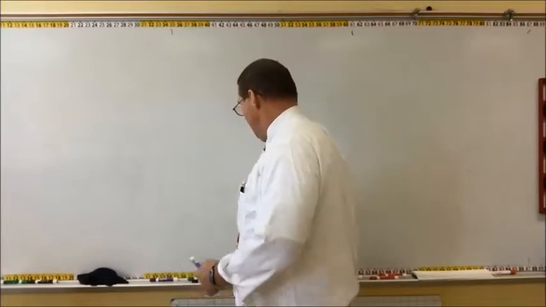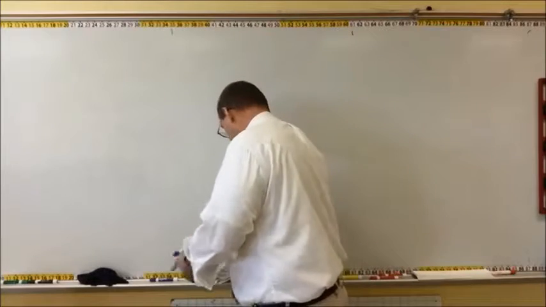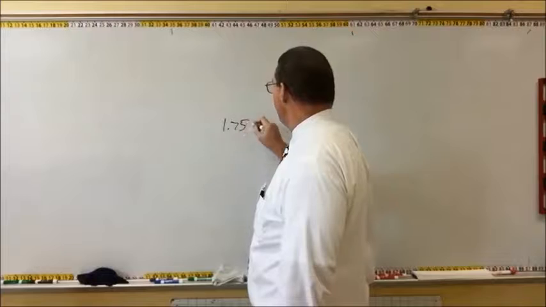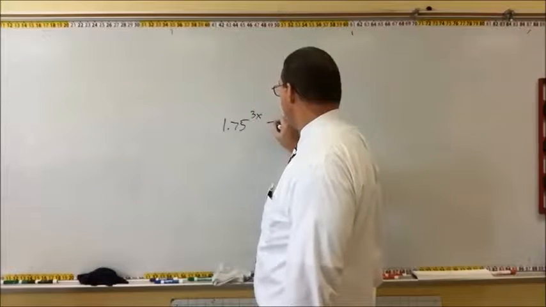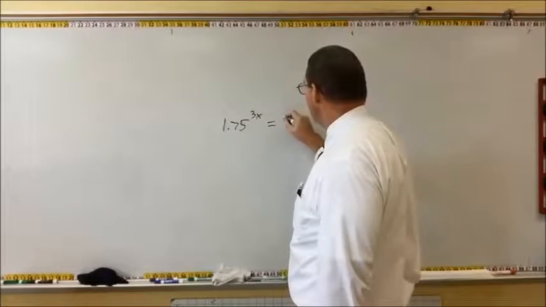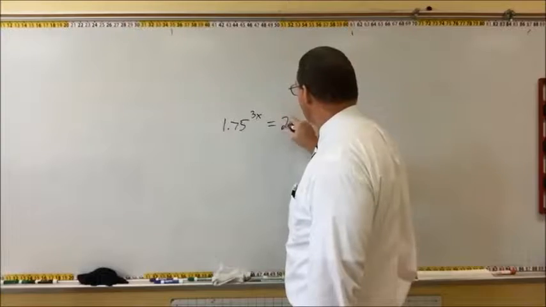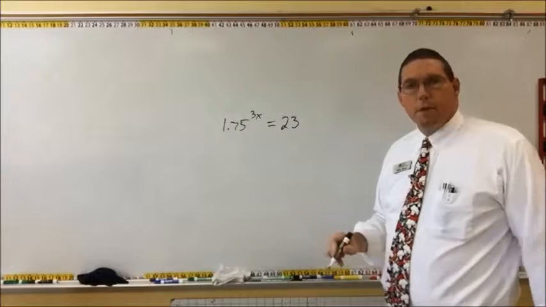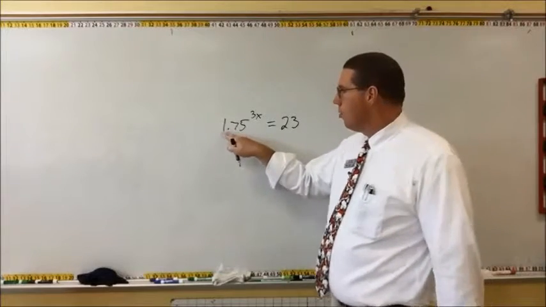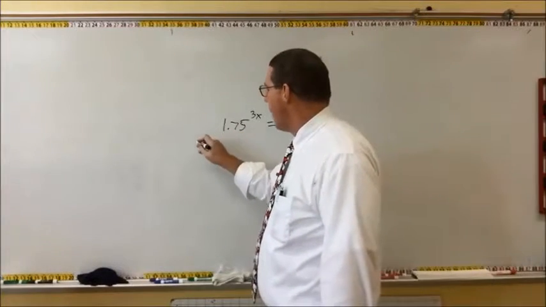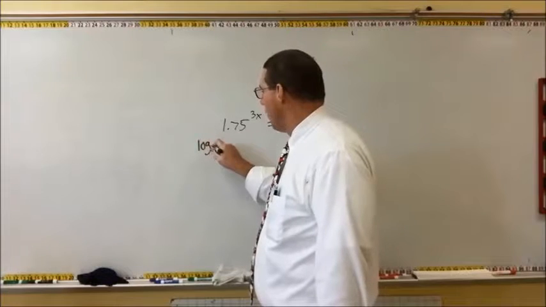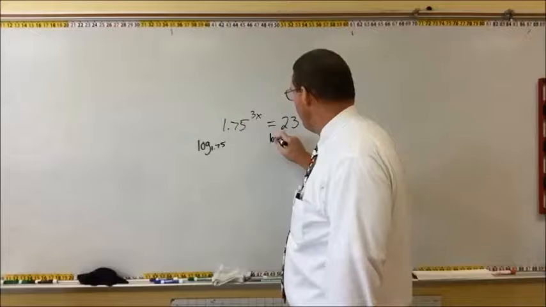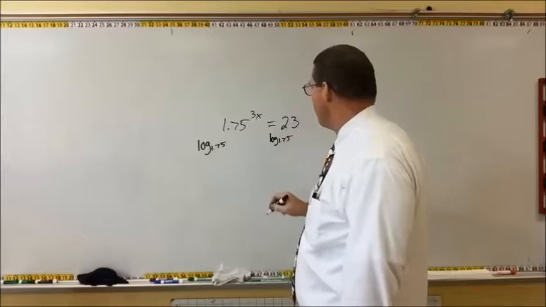And so now, let's say that I have 1.75 to the 3x power, and let's say that this is equal to 23. So now, if I want to cancel 1.75, I'm going to do log base 1.75 on this side, and I'm going to do log base 1.75 on the other side.